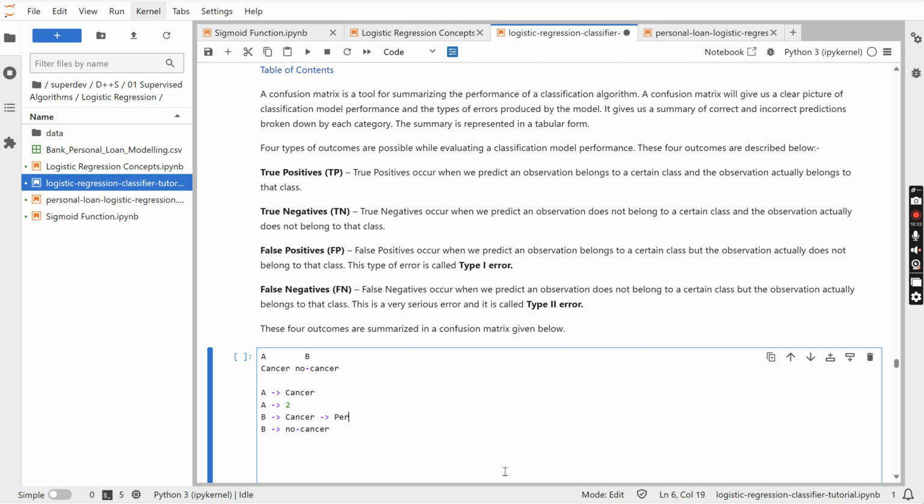The person did not have cancer, but the model said he has cancer. That is false positive. So if a model says false positive, that person will get a checkup done again, because the model is saying he has cancer. He has to go to the hospital again and get himself checked. That is false positive.